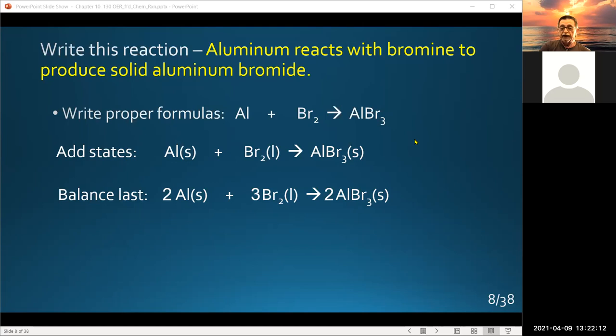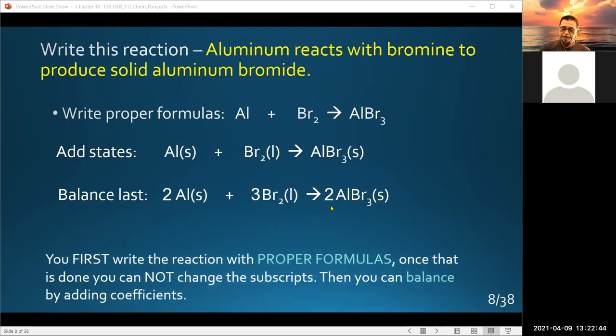So that tells me I need 2 molecules of aluminum to react with 3 molecules of bromine to give me 2 molecules of aluminum bromide. Okay, and I'm using molecules, but I could say the same ratio applies. If I say 2 million molecules of aluminum, I need 3 million molecules of bromine, which will give me 2 million molecules of aluminum bromide.